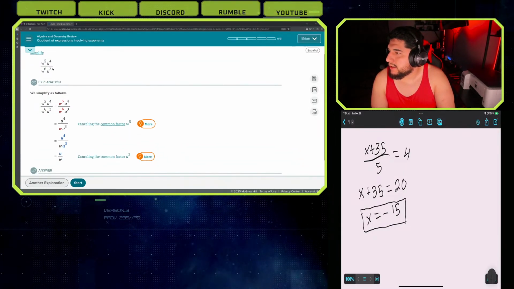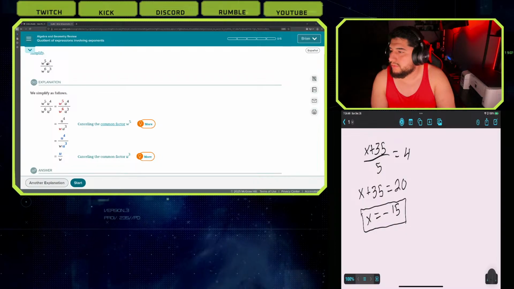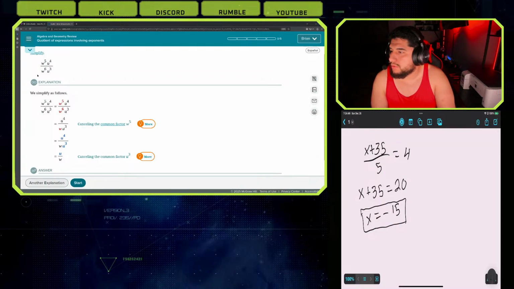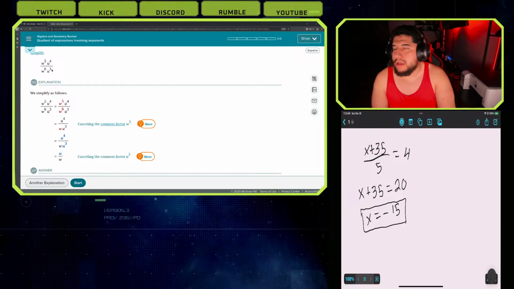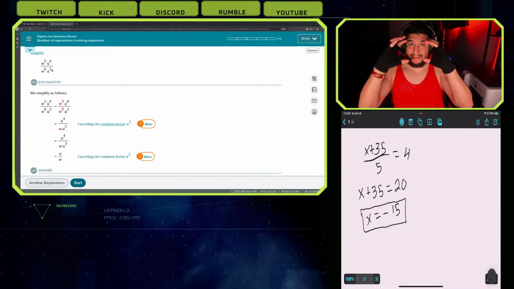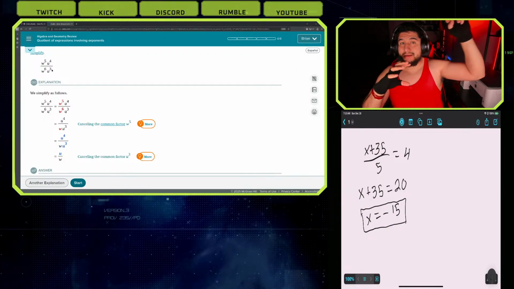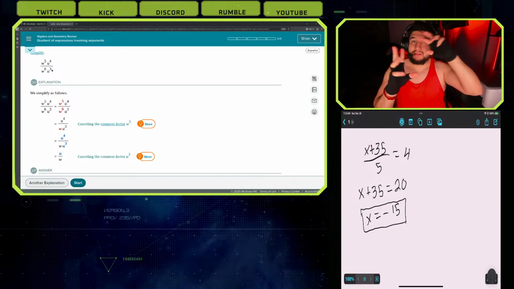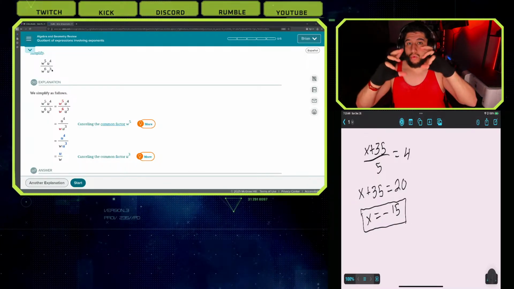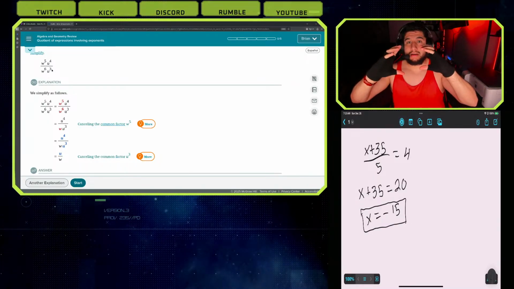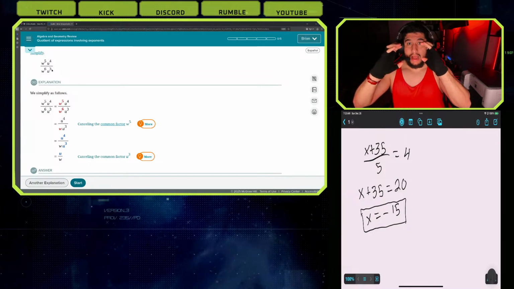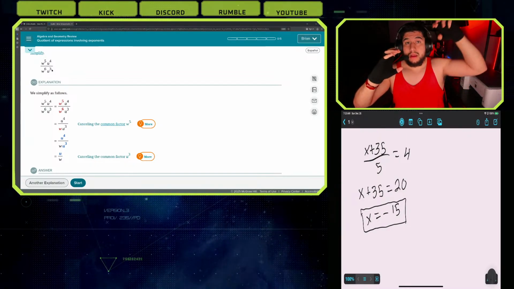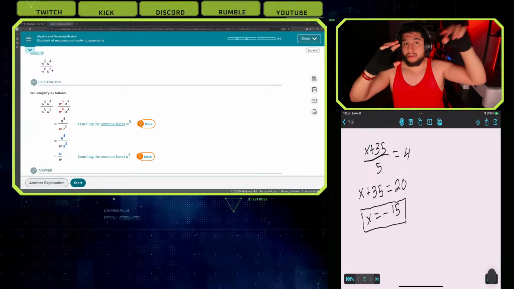Alright, simplify. W to the power 5, u to the power of 4, all over w to the power 6, u to the power of 3. Alright, so if there are parentheses and an exponent on the outside, having two exponents basically, one on the variable inside the parentheses and another outside.